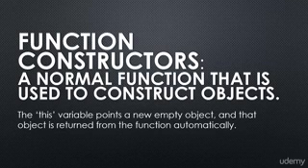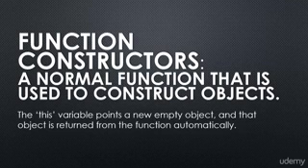And then we can add properties and methods to that new empty object, and that object is returned from the function automatically. And we do this by using the new keyword. So I can say new and then call the function. And what that will do is execute the function. It will take the this keyword, make that a new empty object. We can then use the this keyword to construct our object, adding properties and methods to it. And then the function constructor will automatically return that new object from that function call.